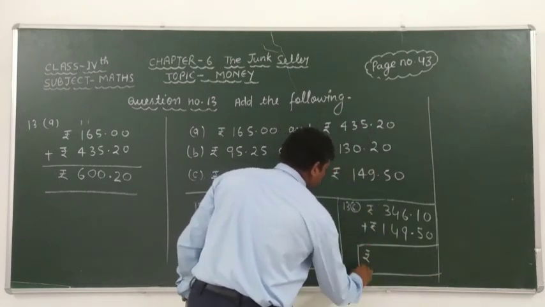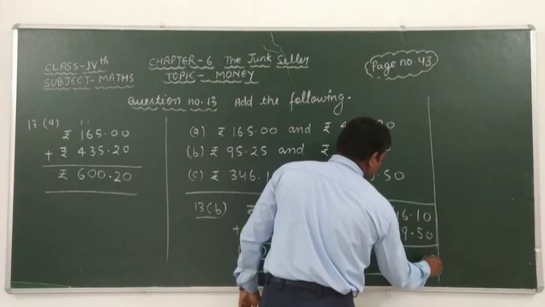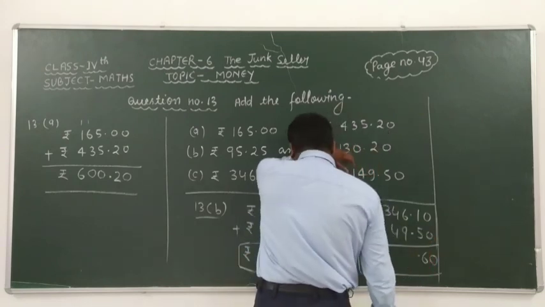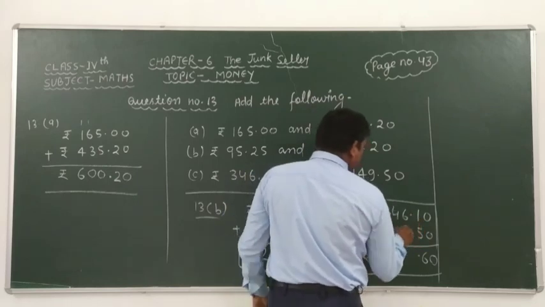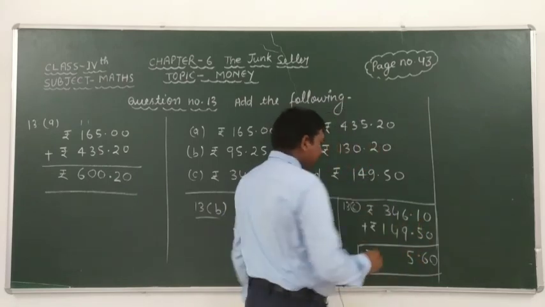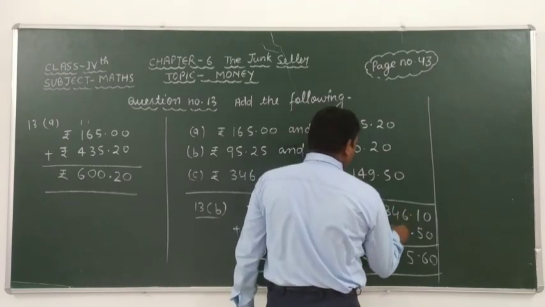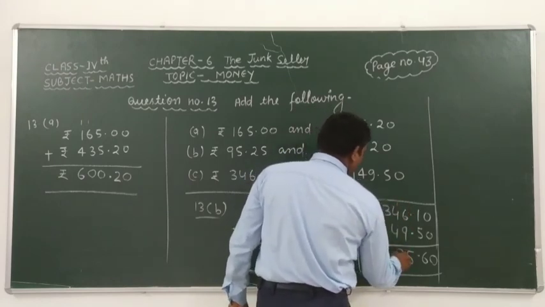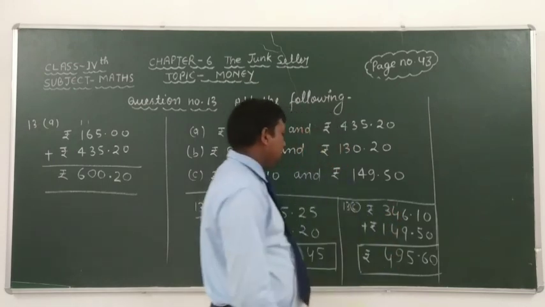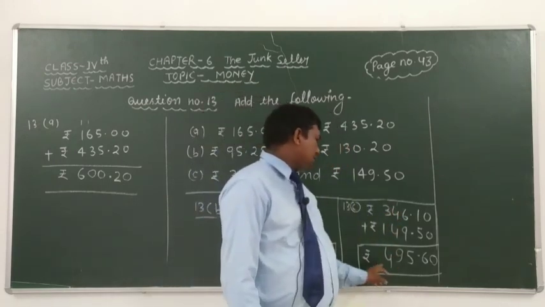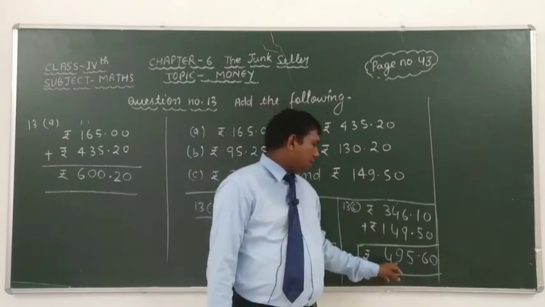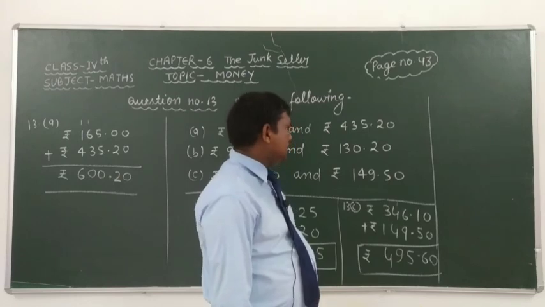Okay, look at here carefully. 0 plus 0 is 0, 1 plus 5 is 6. Here we can take decimal point as same place. 6 plus 9 is 15, 15 of 5 carry 1. 4 plus 4 is 8, 8 plus 1 is 9 and 3 plus 1 is 4. Okay students, after adding these we get rupees 495.60. It means that 495 rupees 60 paise.